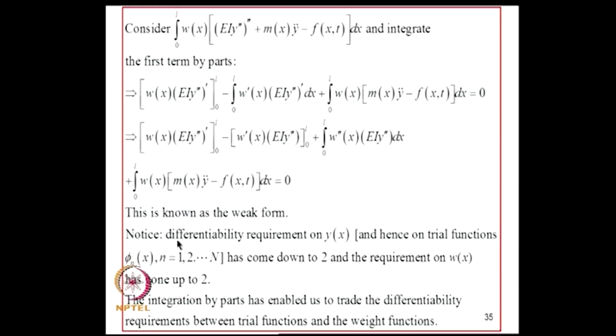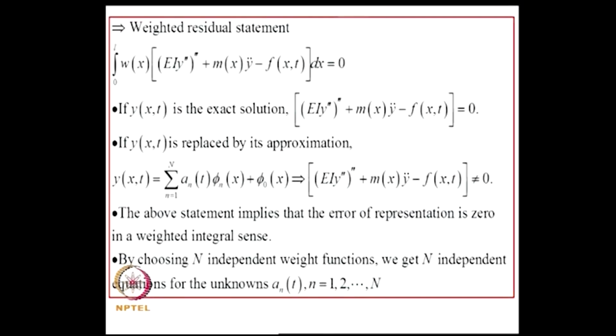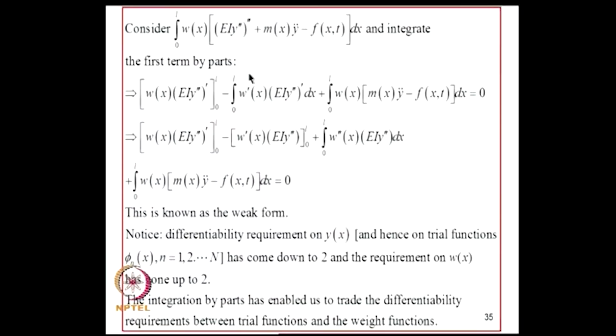Now, if you decide that we will work with this form of the equation rather than the original weighted residual statement, then we see that the trial function now needs to be differentiable only up to second order, and the weight function needs to be differentiable up to second order. So the demand on the trial function and the weight function as far as differentiability goes is now even.